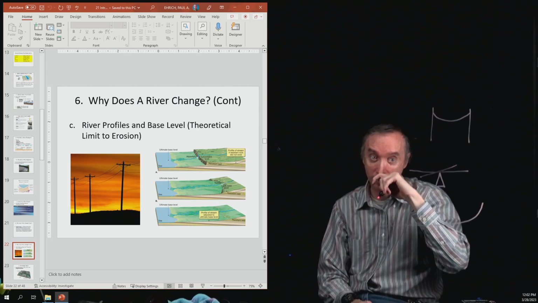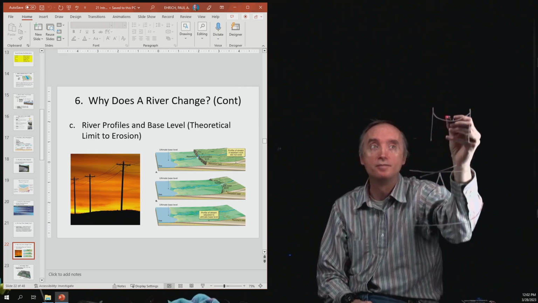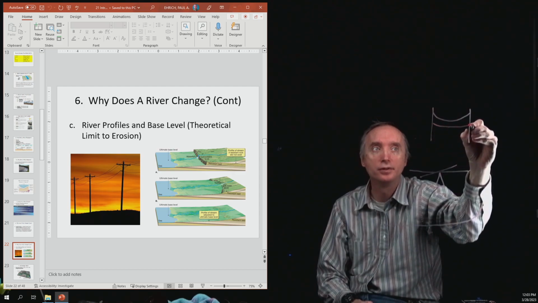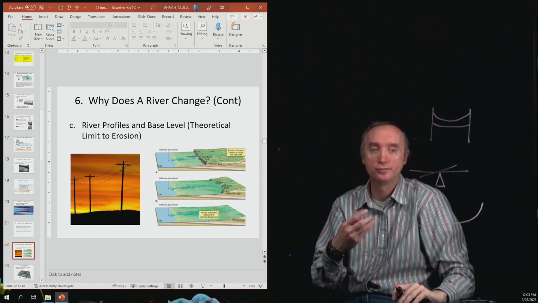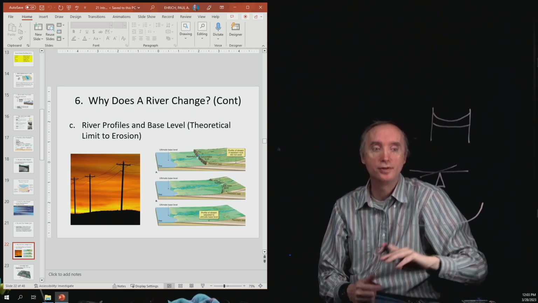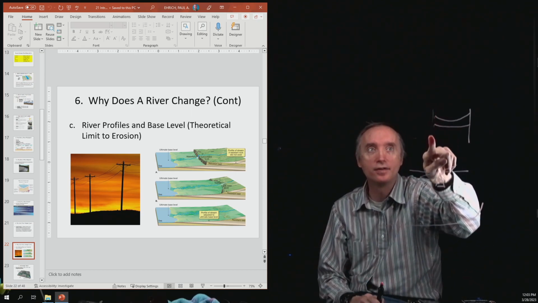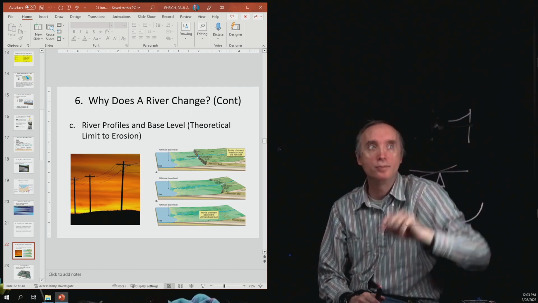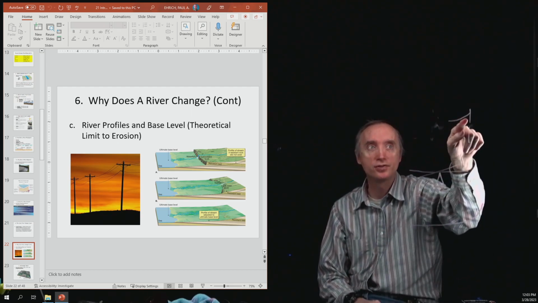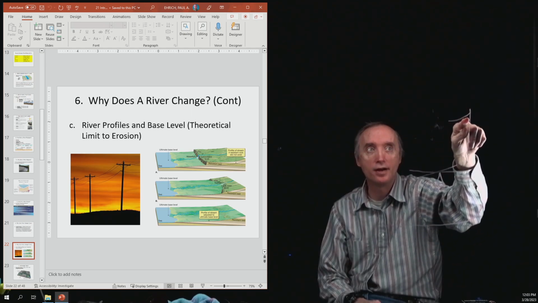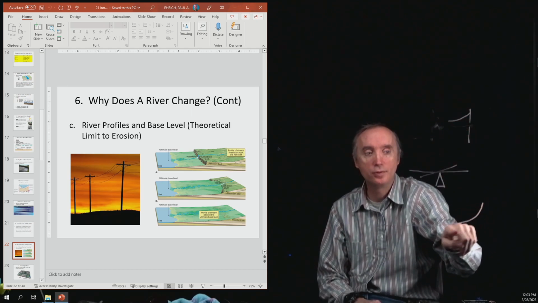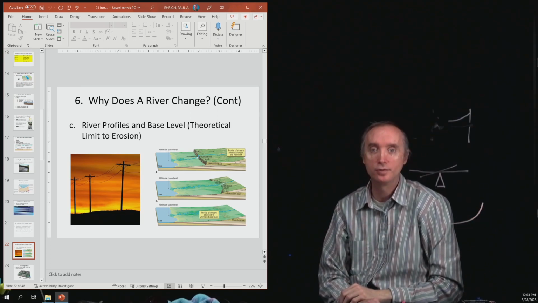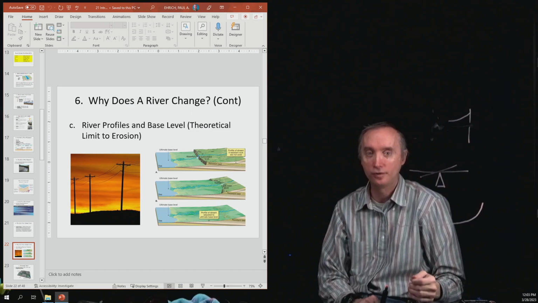If you put it under more tension, the curve is not going to be as deep. Now let's erase some of this and look at that shape right there. This shape is caused by gravity, and this shape here is also caused by gravity. That is called the river profile.